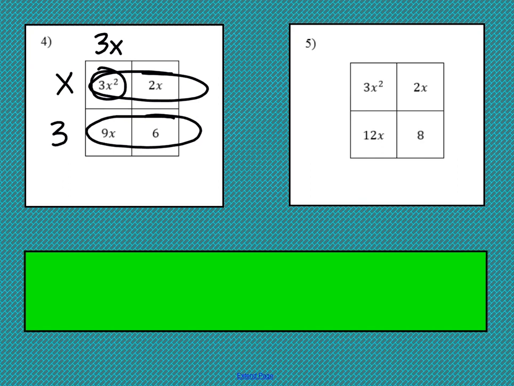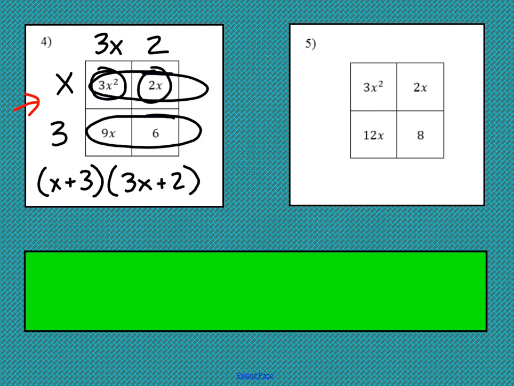So I'm going to say x times what would give me 2x? It has to be a 2. So to factor this thing, I can write it in factors. I have x plus 3 is my first factor. That came from this spot right here. And then I have 3x plus 2 is my second factor, which came from right there.